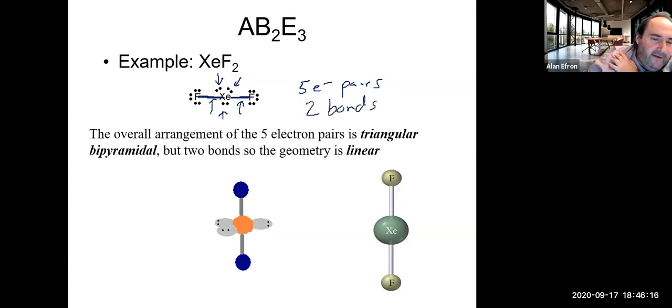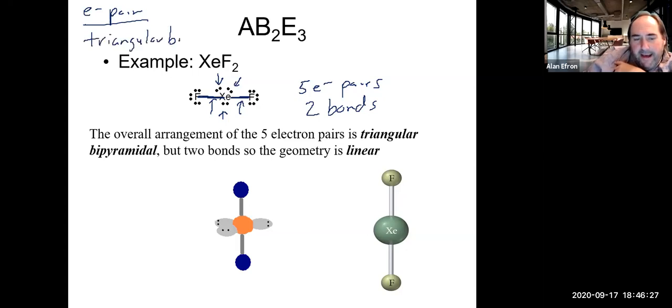And because it has 5 electron pairs, the electron pair geometry name will remain the same. So something with 5 electron pairs is our triangular, I'll write it right this time, bipyramidal. But now we have all those really bad interactions happening. We have a lot of non-bonding electrons near non-bonding electrons, and they definitely want to get away from each other as much as they can.